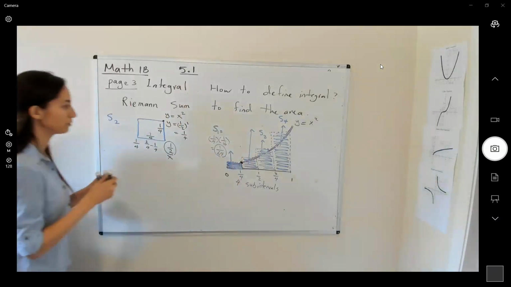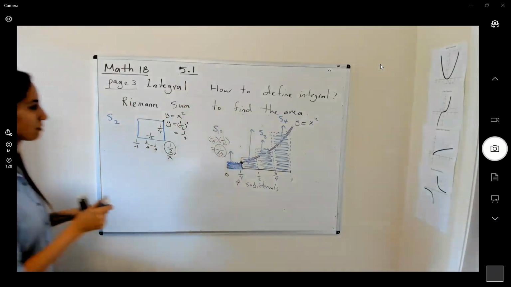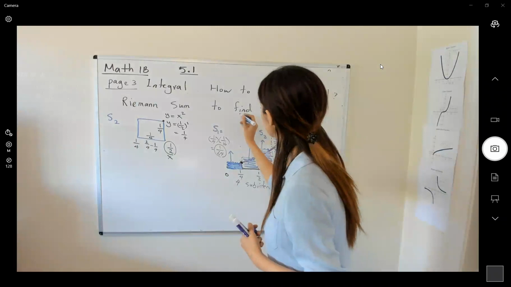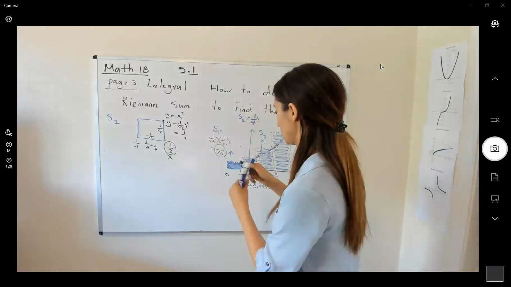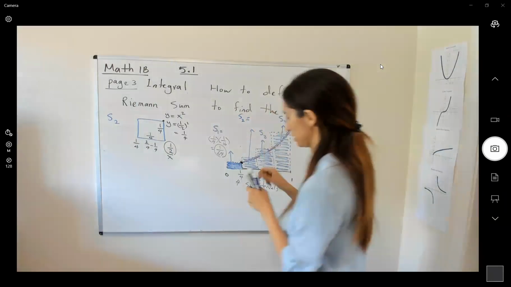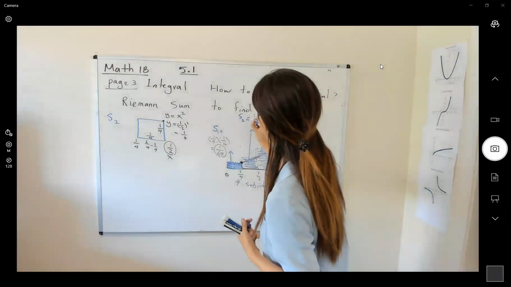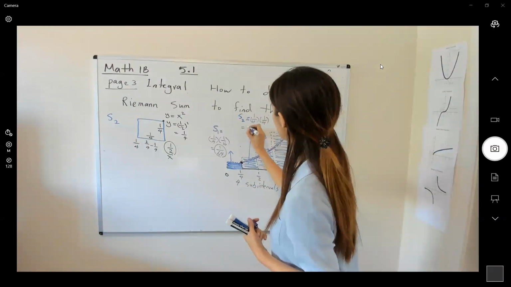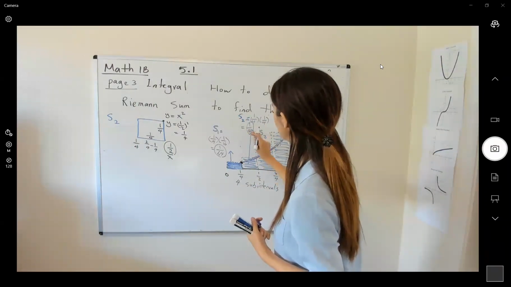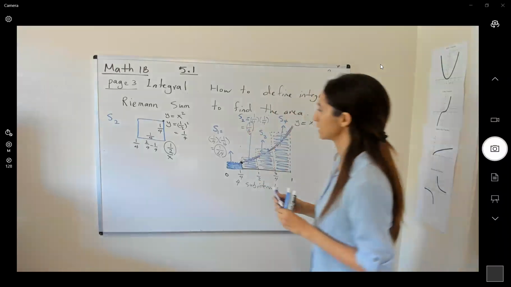S sub 2 is 1/4 times 1/4, which is 1 over 16. Okay, I found the second area as well.